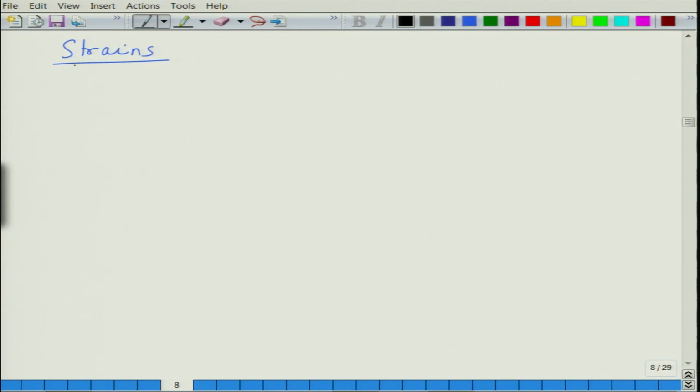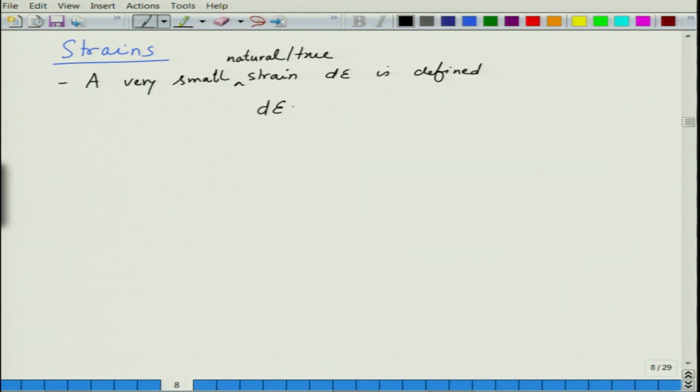So, if you consider a solid is being deformed, so let us say a very small strain, that is infinitesimally small strain, normal strain d epsilon is defined as a very small, let us say natural strain slash true strain, defined as d epsilon is equal to dl by L. So, this is the infinitesimal increase slash decrease in length.